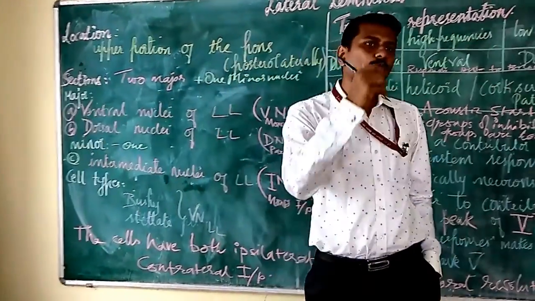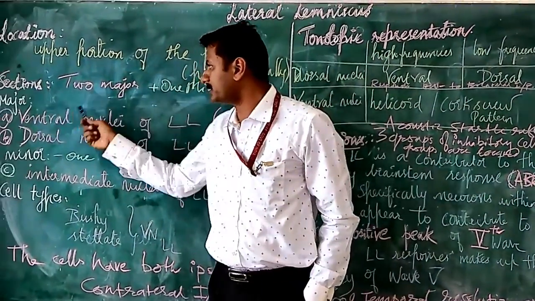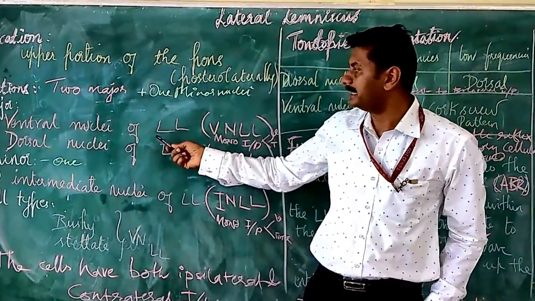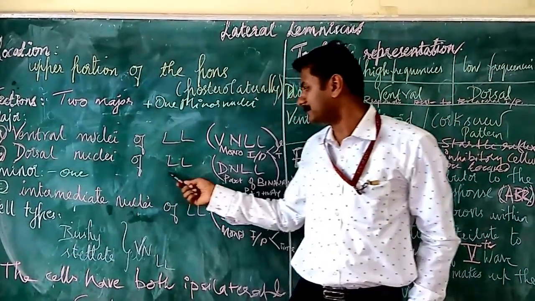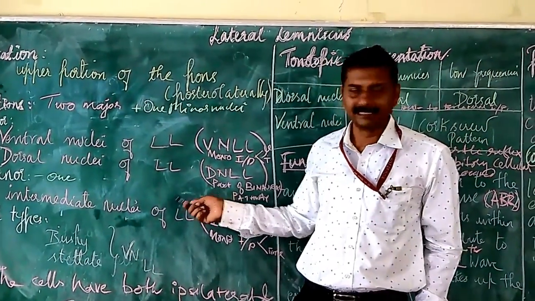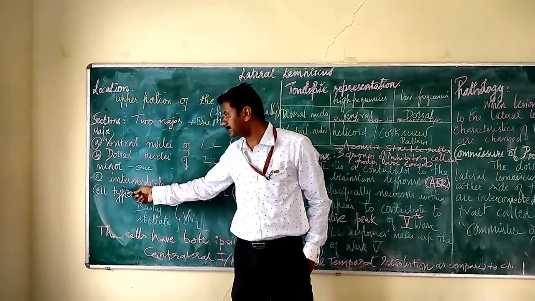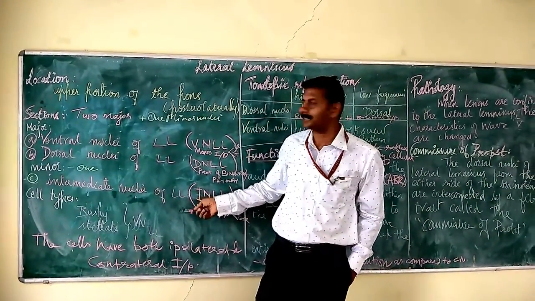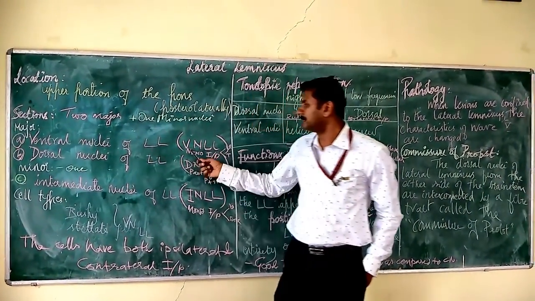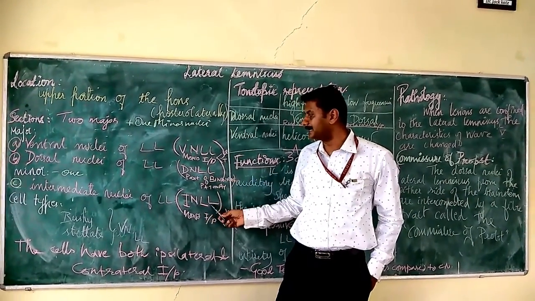Sections. There are 2 major sections and 1 minor section. The 2 major sections are the ventral nucleus of the lateral lemniscus and the dorsal nucleus of the lateral lemniscus. The 1 minor section of the lateral lemniscus is the intermediate nuclei of the lateral lemniscus. These are shortly coded as VNLL, DNLL, INLL.